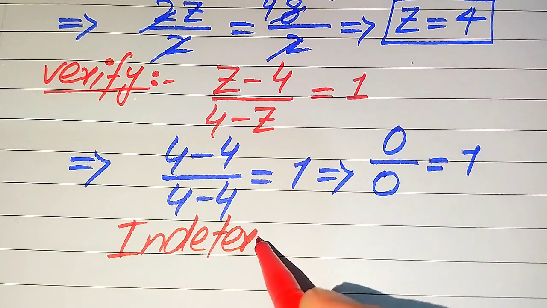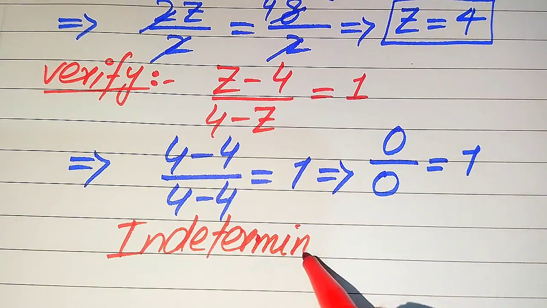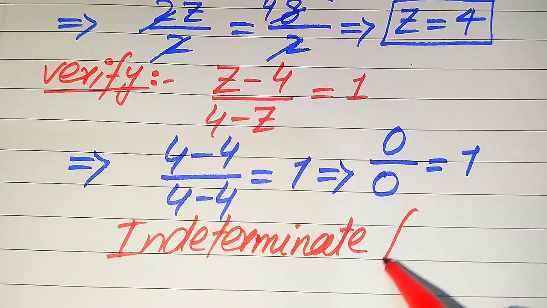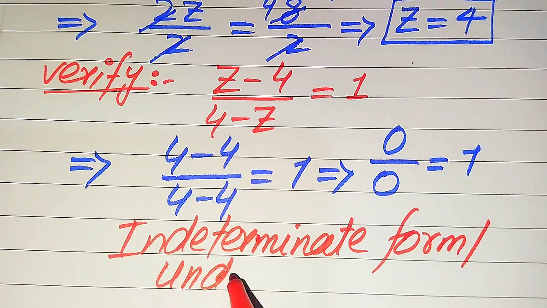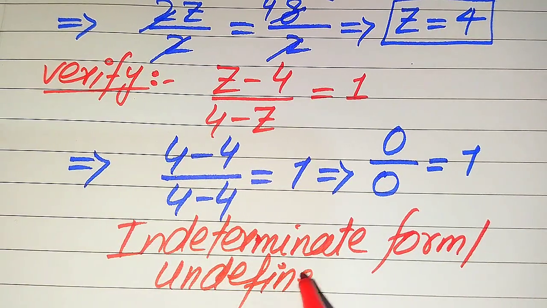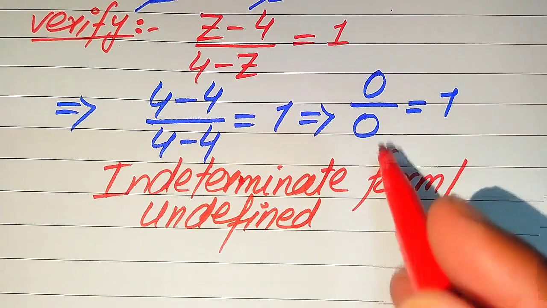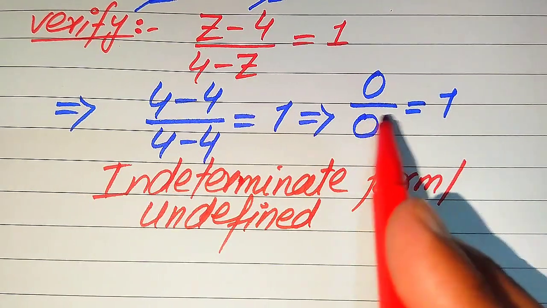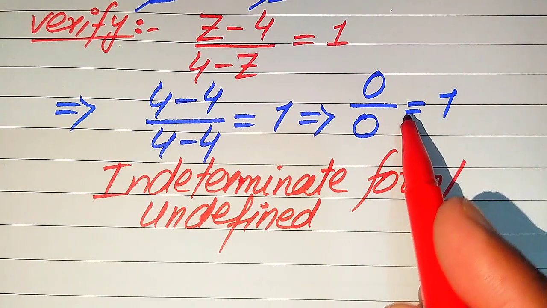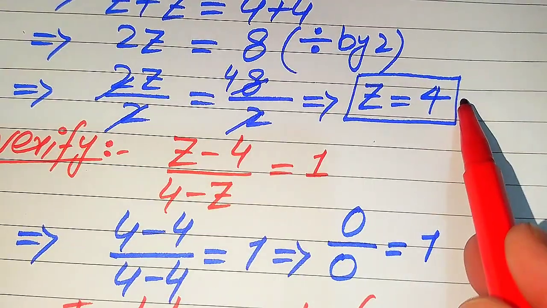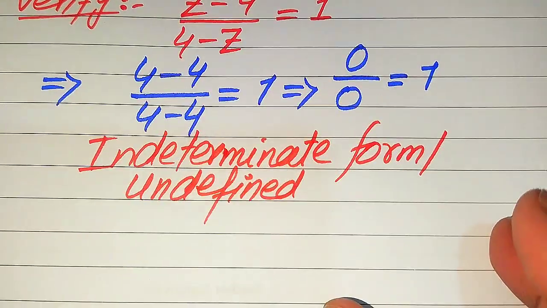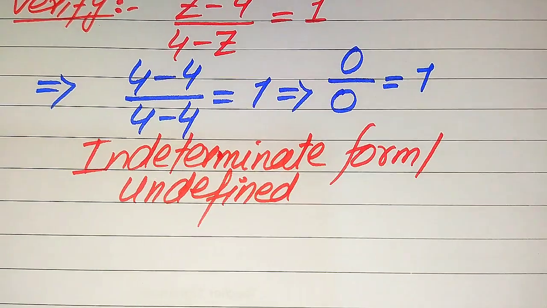Or in other words we just say that this is the undefined form. So if 0 by 0 is undefined, this means that both of the sides are not equal. So if both the sides are not equal, this means that the value z is equal to 4 does not satisfy our given question statement.